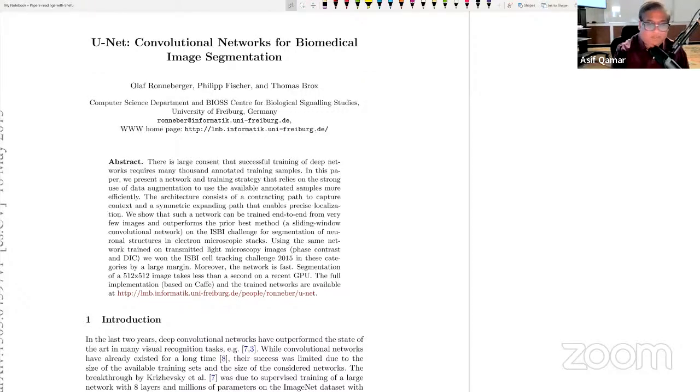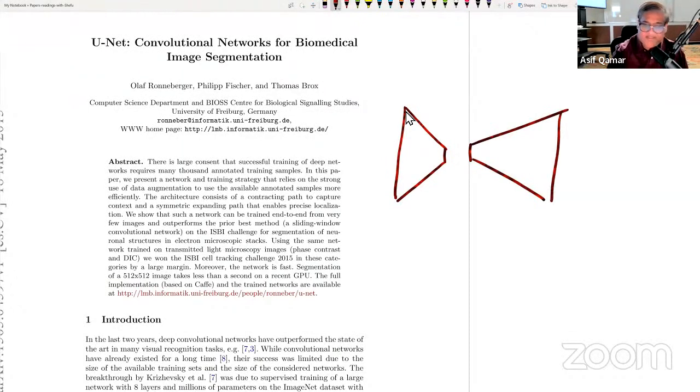If you guys remember what an encoder decoder is, an encoder decoder follows this architecture. You give it an input. Let's say you give it some image, X goes in. It gets encoded into a hidden state, Z, through this process.